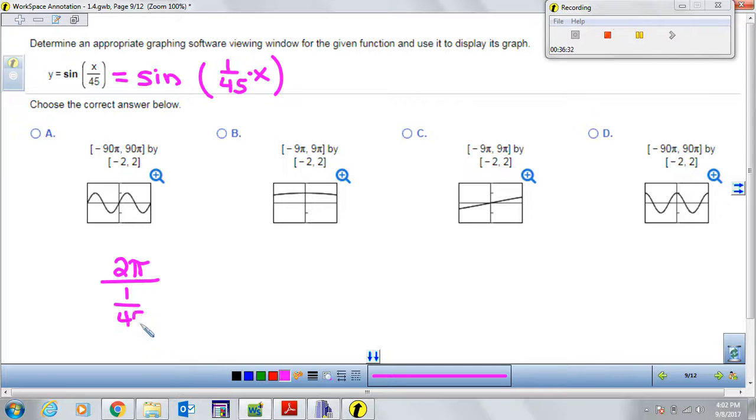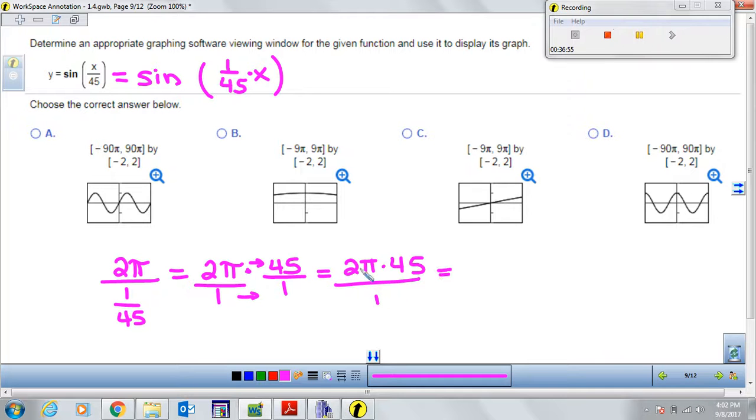So you divide these two numbers, which you could change to 45 over 1, right? Do the reciprocal of this one, flip it around, and you multiply across. So 2 pi times 45 over 1, and 1 times 1 is still going to be 1, right? And 2 times 45 is going to be 90 pi divided by 1, which is the same thing, 90 pi.